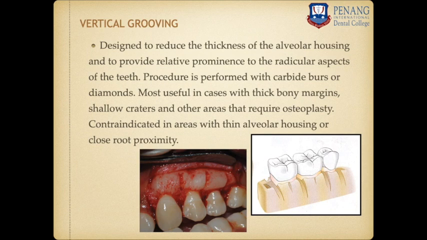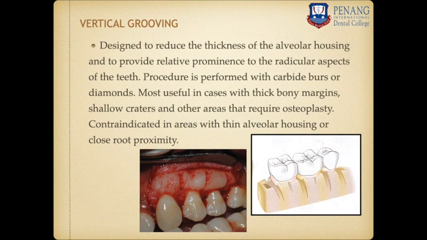These two go together. Whenever we do vertical grooving, we are going to join these grooves to form a blunt contour, to make it flat. That is what radicular blending is. So first we'll make a groove and then we'll join those grooves together to blend it.